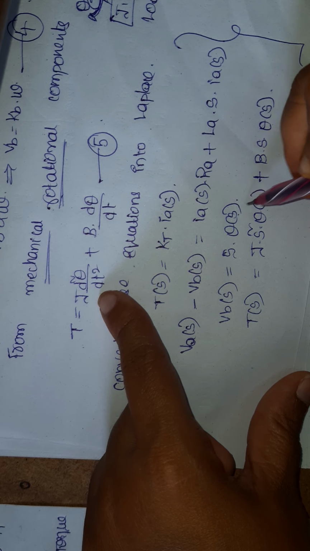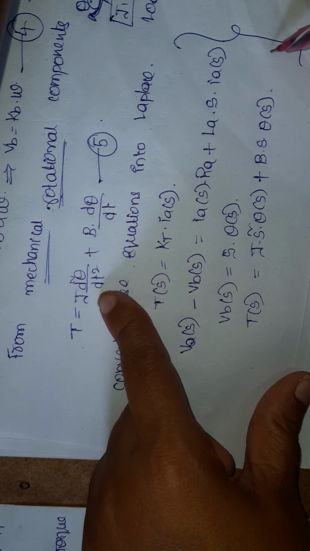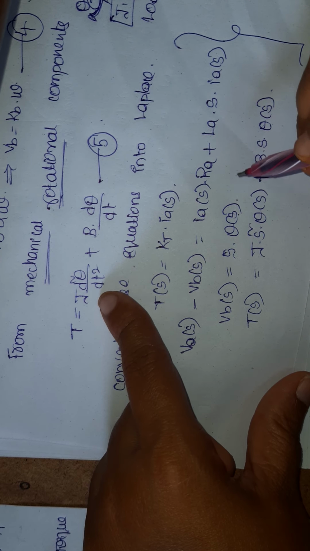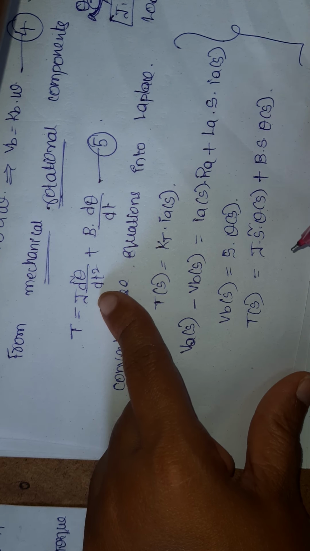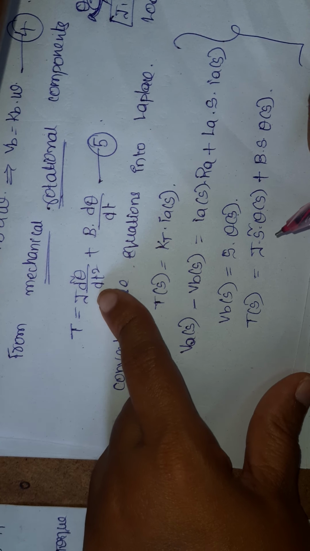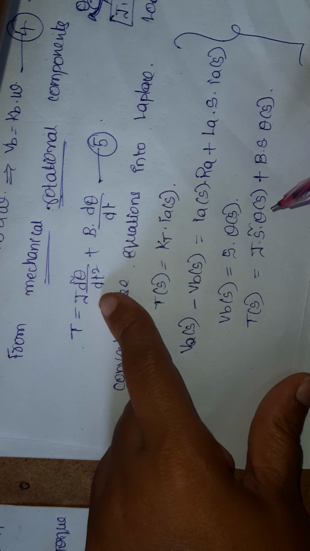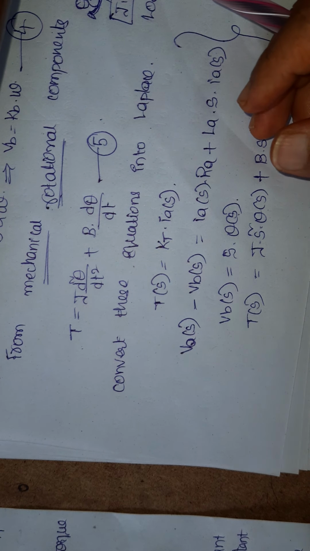We can consider omega also. Now these 4 equations we have to simplify first by drawing a block diagram. Then we will get the transfer function for the armature control DC servo motor. Thank you.